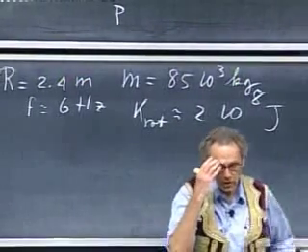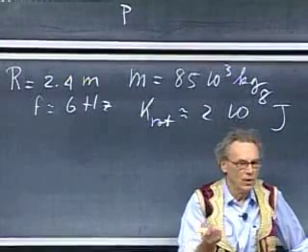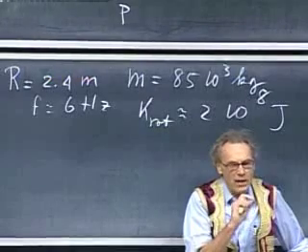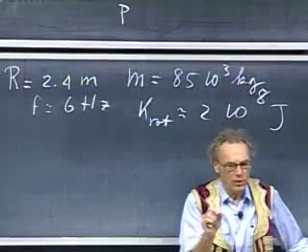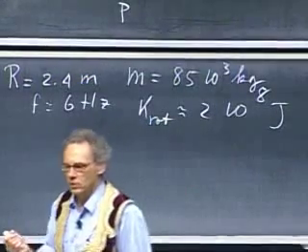Now they use this rotational kinetic energy to create very strong magnetic fields on a timescale as short as 5 seconds. So they convert mechanical energy of rotation to magnetic energy, which is not part of 801, so I will not go into how they do that.